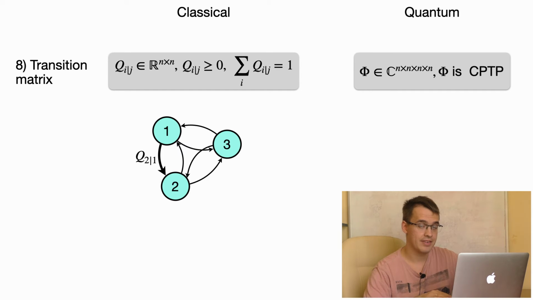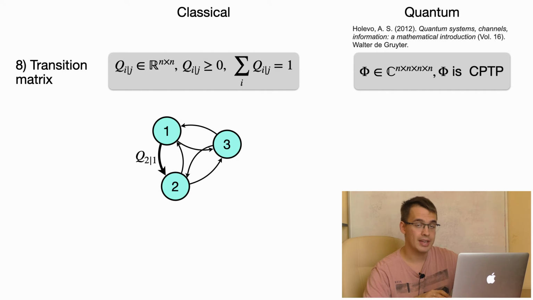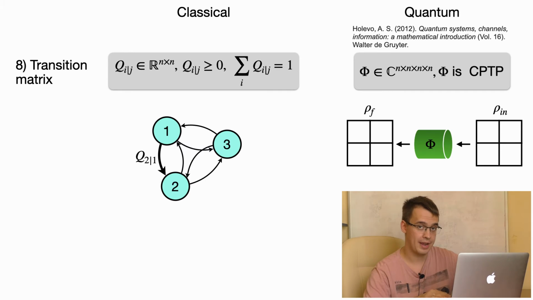In the quantum case we have a similar situation, but instead of a transition matrix we have a fourth rank complex tensor called a quantum channel, and this tensor has specific properties called complete positivity and trace preserving. One can read more about quantum channels and their properties in a book by Alexander Semyonovich Holevo. As in the classical case, a quantum channel induces a transformation of an input density matrix to an output density matrix.